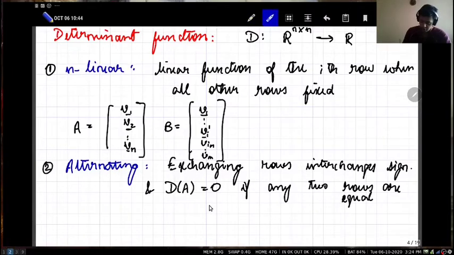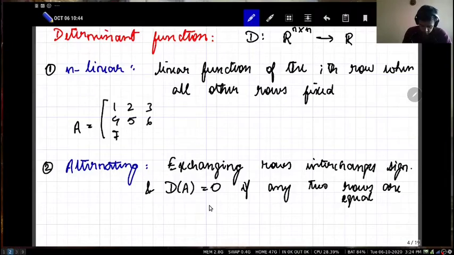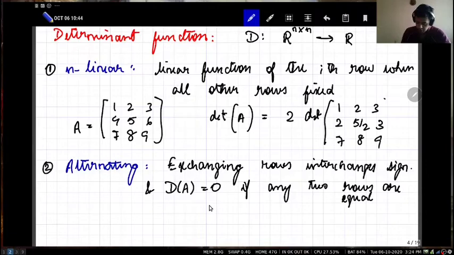Right? So for example, if I take A to be 1, 2, 3, 4, 5, 6, 7, 8, 9, then the determinant of A is equal to 2 times the determinant of the matrix 1, 2, 3, 2, 5/2, 3, 7, 8, 9. Right? So determinant of A is 2 times determinant of this.